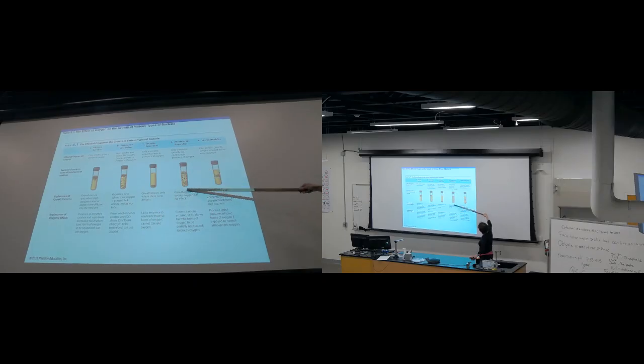And then for aerotolerant anaerobes, this one can grow evenly throughout the media because oxygen has no effect. So it has only one enzyme, like superoxide dismutase, that allows this oxygen to be partially neutralized and helps them to tolerate oxygen.